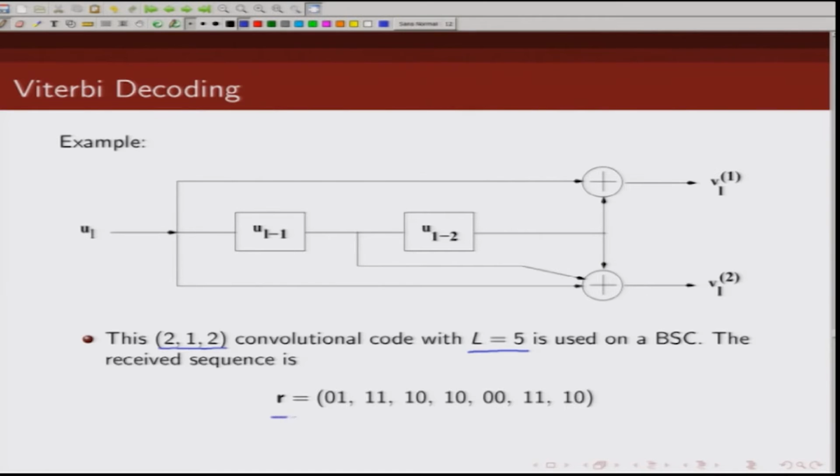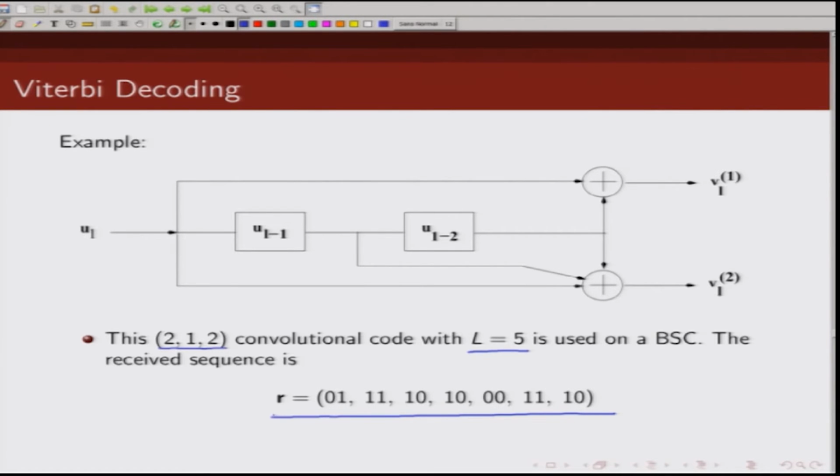This is the receive sequence corresponding to those 14 bits that we transmitted, received over the binary symmetric channel, and the question that we have to answer is, given this receive sequence, we need to find out what is the transmitted code word or the transmitted information sequence.